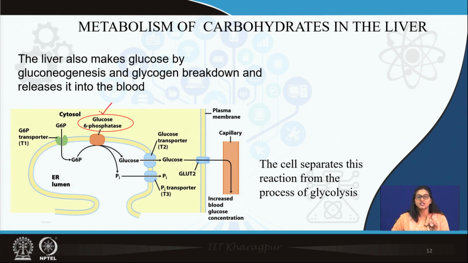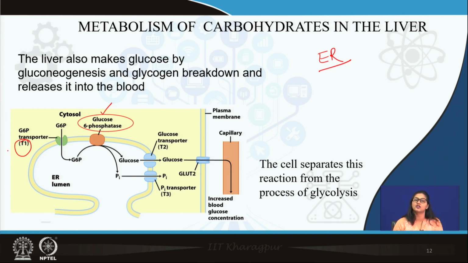Now, this glucose 6-phosphatase enzyme is an integral membrane protein of the endoplasmic reticulum. Here you can see there are different glucose 6-phosphate transporters. The first one is the T1 glucose 6-phosphate transporter. During glycolysis, glucose 6-phosphate is formed from glucose in the cytosol of the hepatocytes.